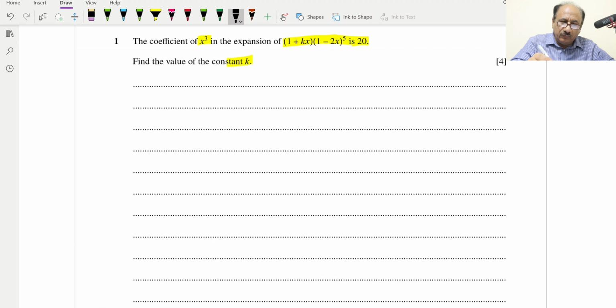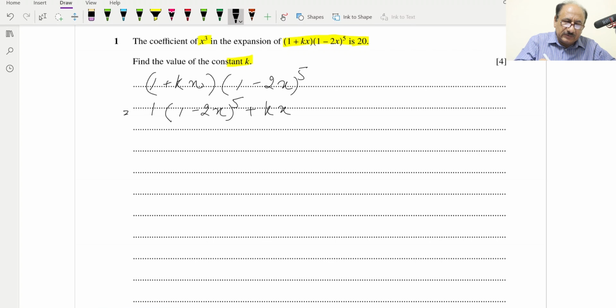If we write the question as 1 plus kx into 1 minus 2x raised to the power 5, in the first step we will separate this into 1 into 1 minus 2x raised to the power 5, plus kx into 1 minus 2x raised to the power 5.